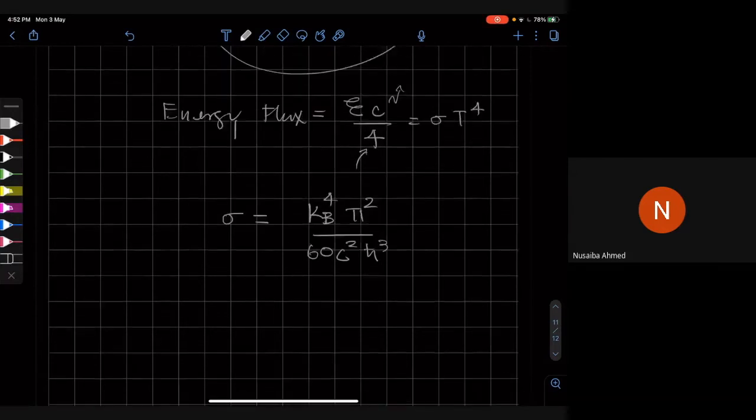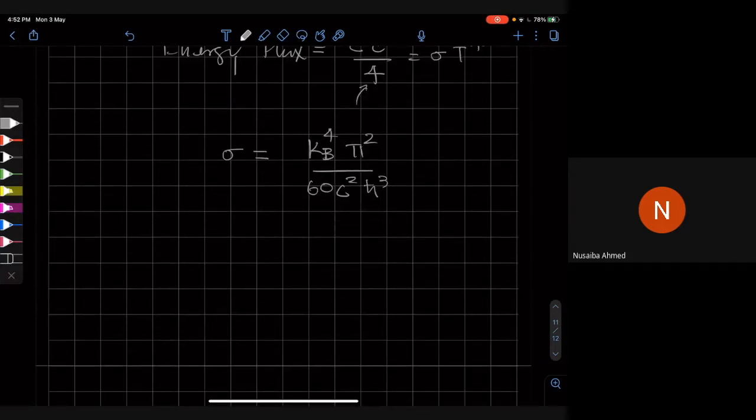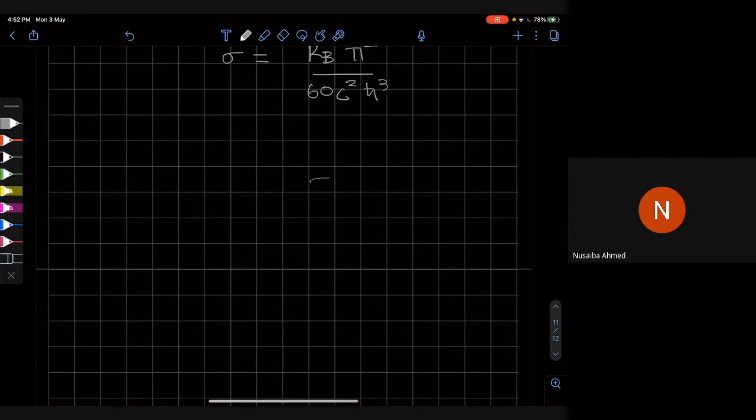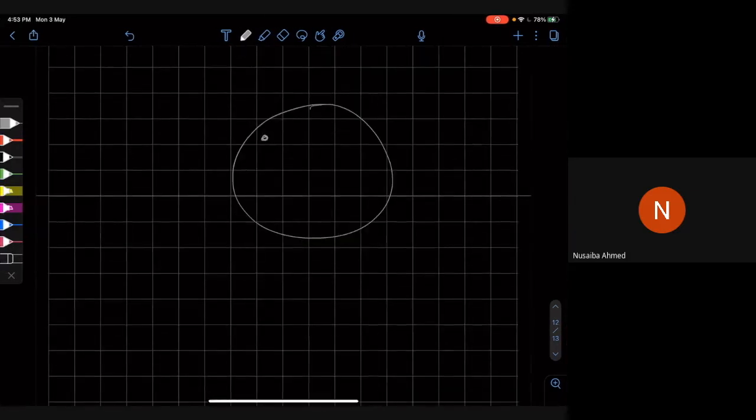To do this integral, we have some sphere, and if we were looking at the energy per unit area, we would have to divide by 4 pi.